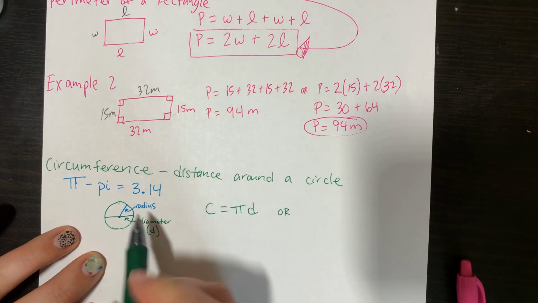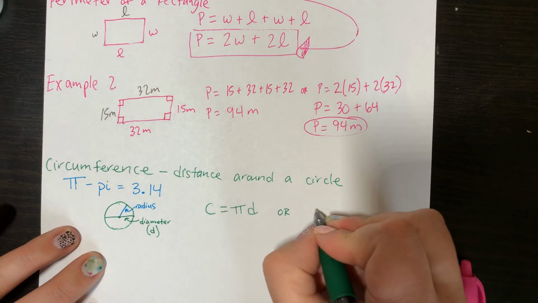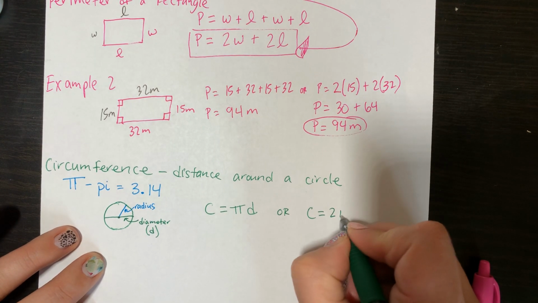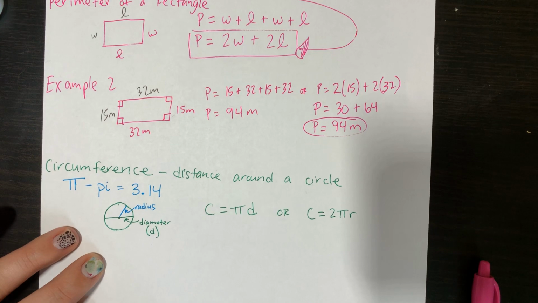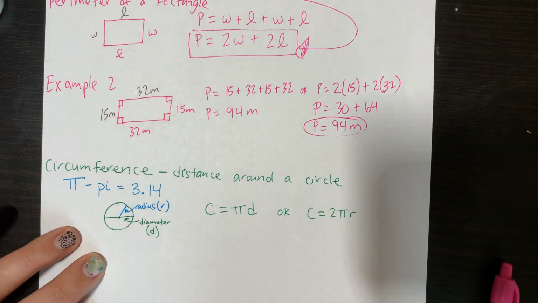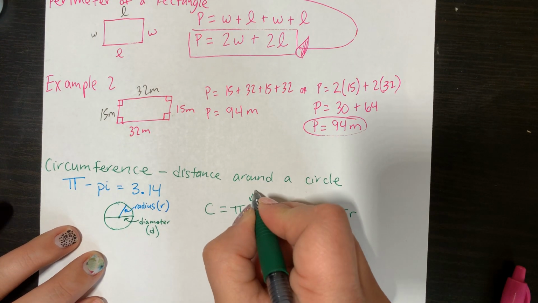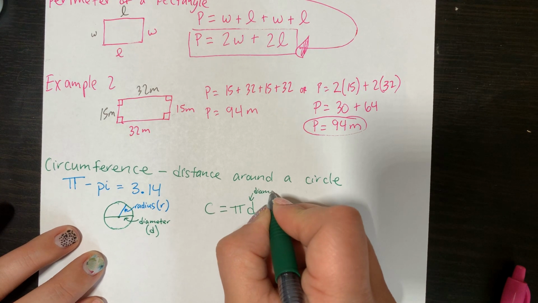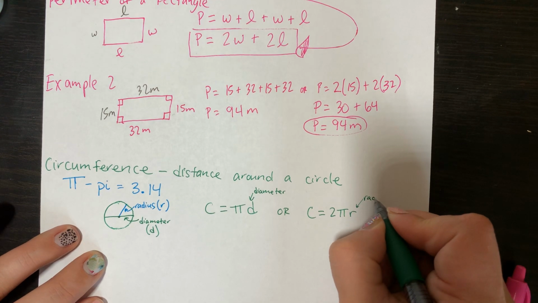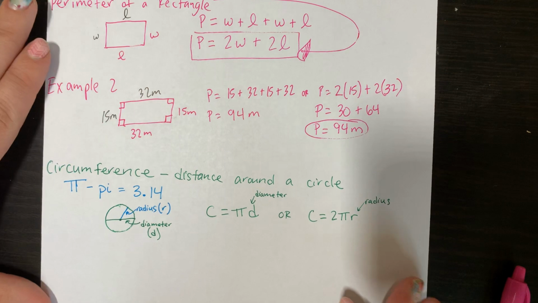Or, diameter is equal to 2 radiuses, so we could say circumference equals 2 pi times radius, and we'll put a little r underneath that radius here. Okay, so I'll mark for you d equals diameter, and r equals radius.